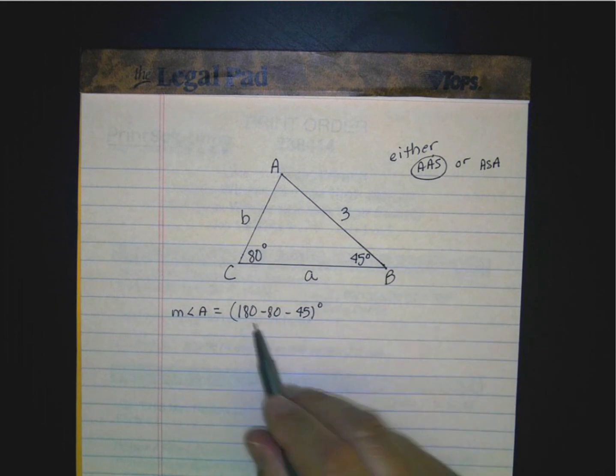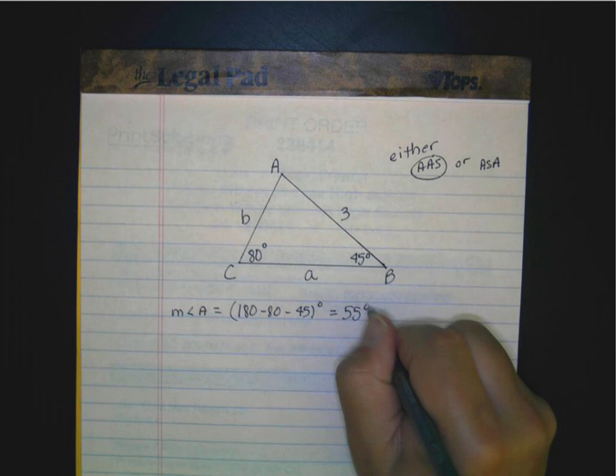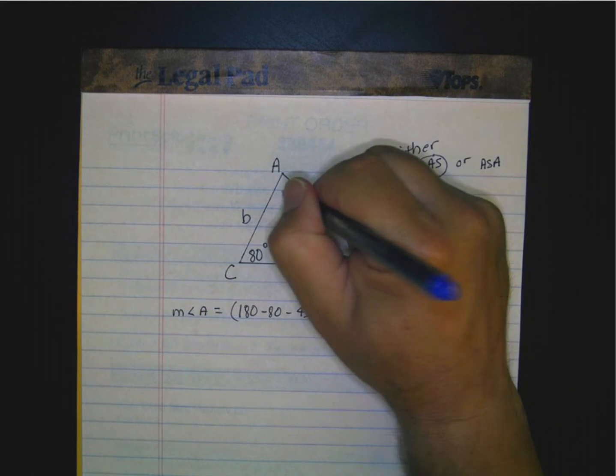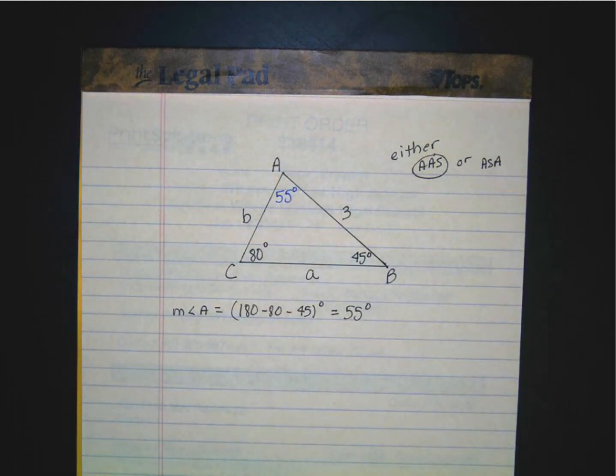That's 100 minus 45, which is 55 degrees. So now I have all three angles, and you're always going to have two of the three angles. So now I can find the two missing sides.